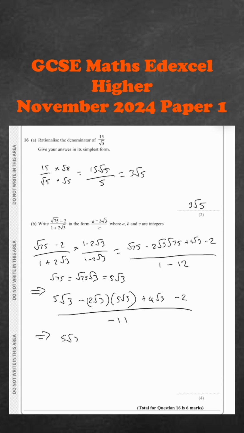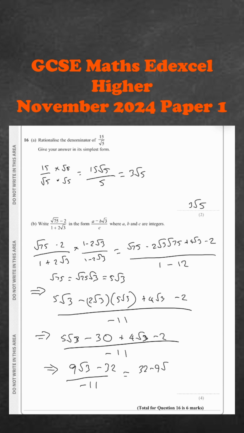So 5 root 3 minus 10 times root 3, which is just 10 times 3, which is 30, plus 4 root 3 minus 2 over minus 11. That's 9 root 3 minus 32 over minus 11, which is the same as saying 32 minus 9 root 3 over 11, which is just our answer here.